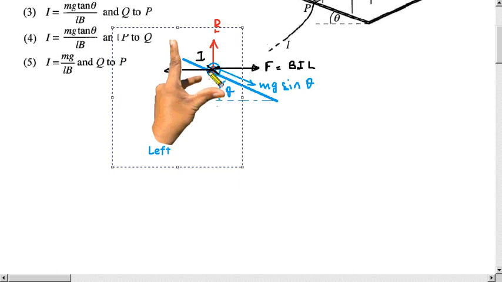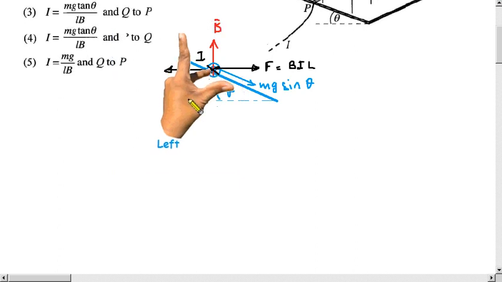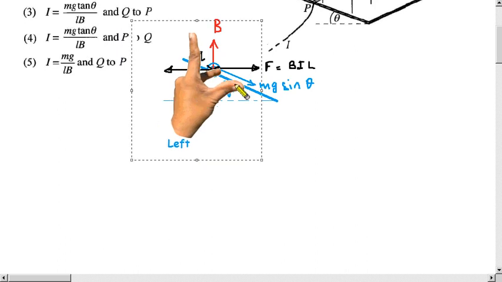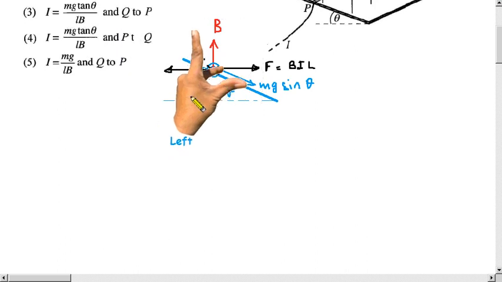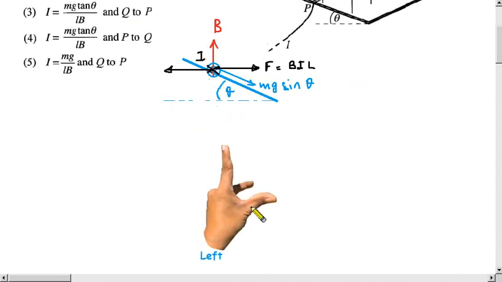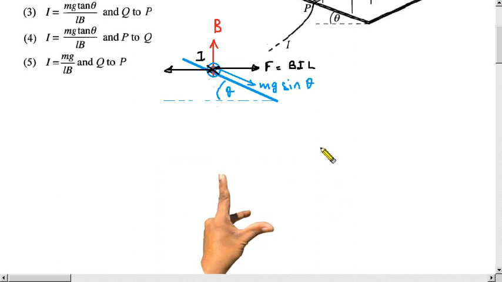So I turn my center finger towards the paper. Then the thumb indicates the direction in which the force is developed. The thumb shows to the right side, so the force is now to the right side.